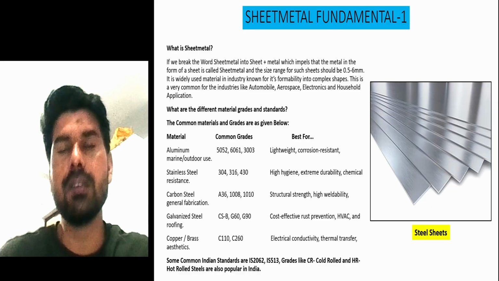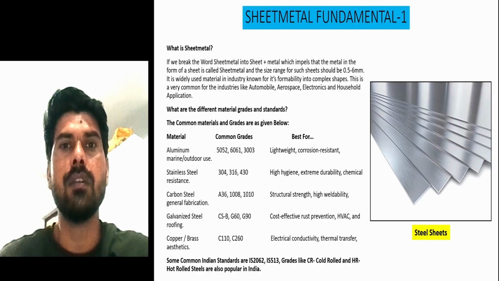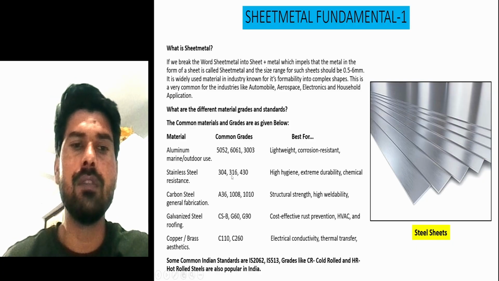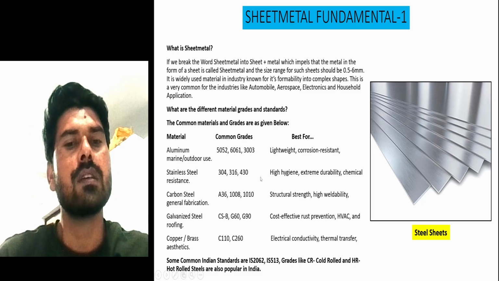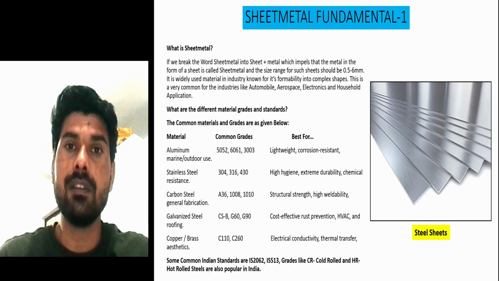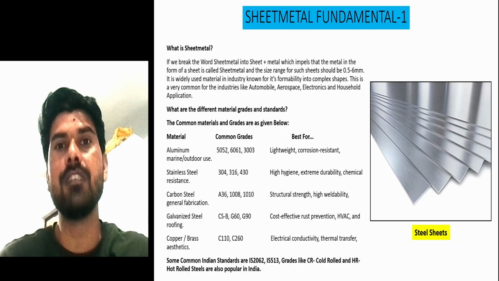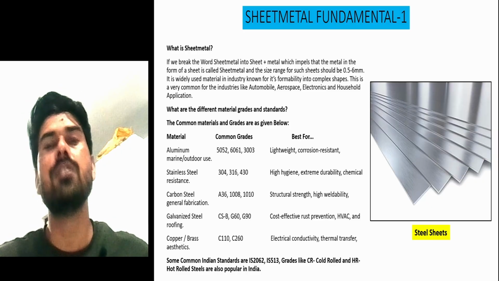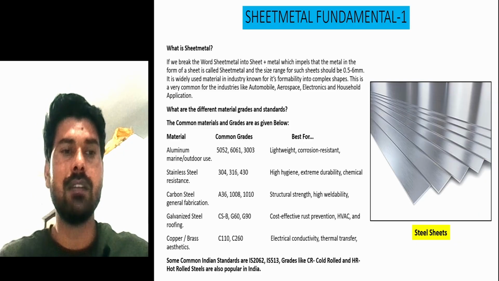So whenever we require strength as well as corrosion resistance, then we can use SS, and SS comes under grades like 304, 316, 416, and it is best for structural and high hygiene areas like the pharmaceutical industry, where the material is exposed to various kinds of chemicals, and so it should be resistant to chemicals. Then we can use this material, SS.